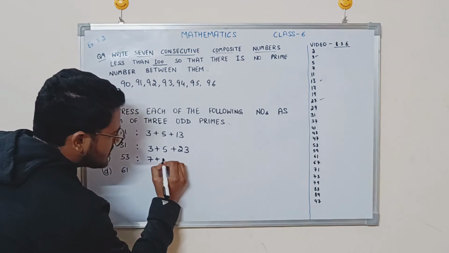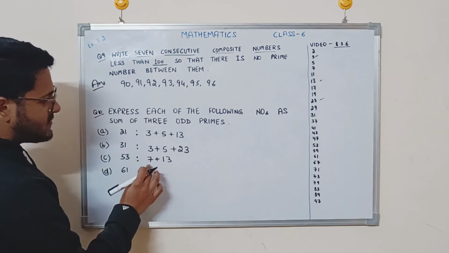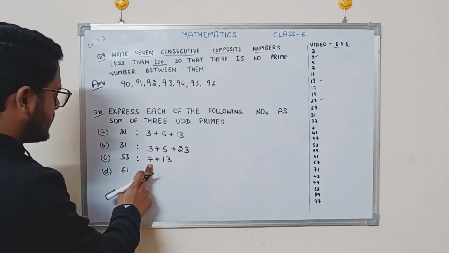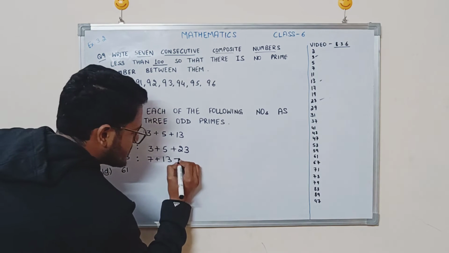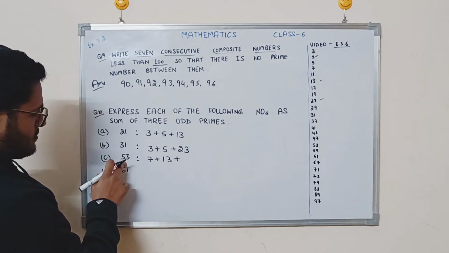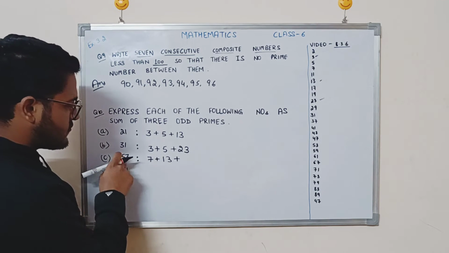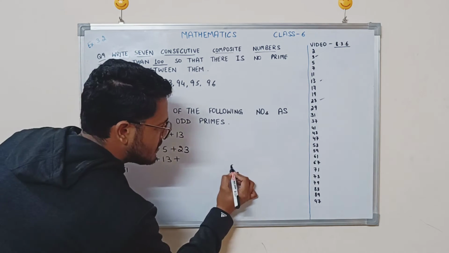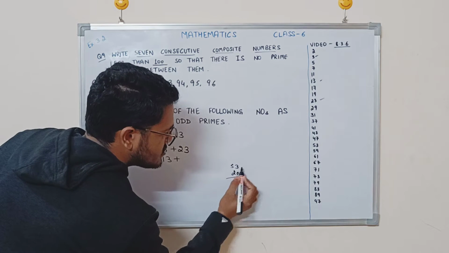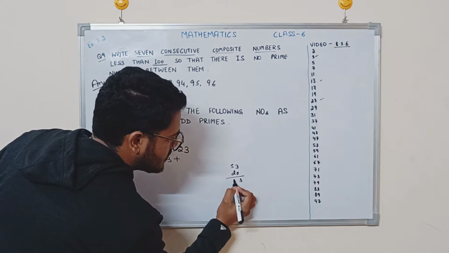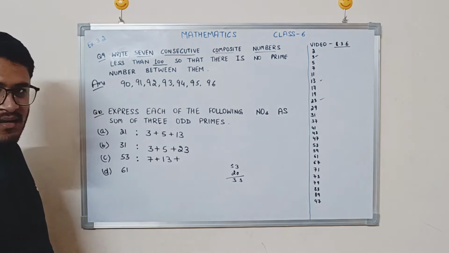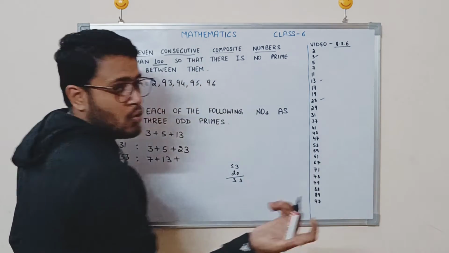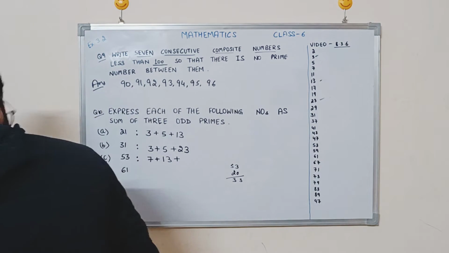Okay, we have 7 and 13. 13 plus 7 is 20. So 53 minus 20 will be 33. Is 33 a prime number? No. So we can't use this.